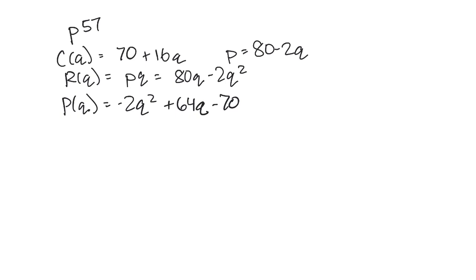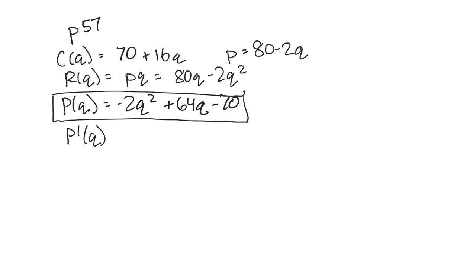Okay, we're maximizing profit. So notice that we want to maximize this function. Okay, so to maximize it, we find the derivative and set it equal to 0 to find critical numbers, and then check critical numbers to see if they are a relative max or min. So they gave us way more information in this problem than we really needed.